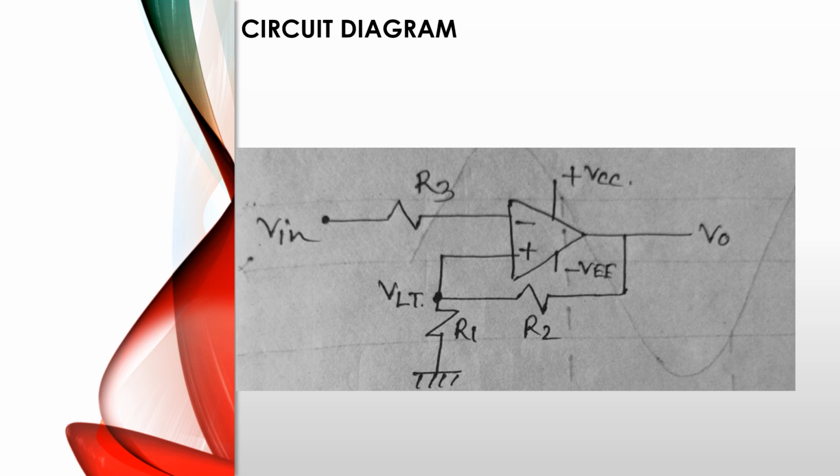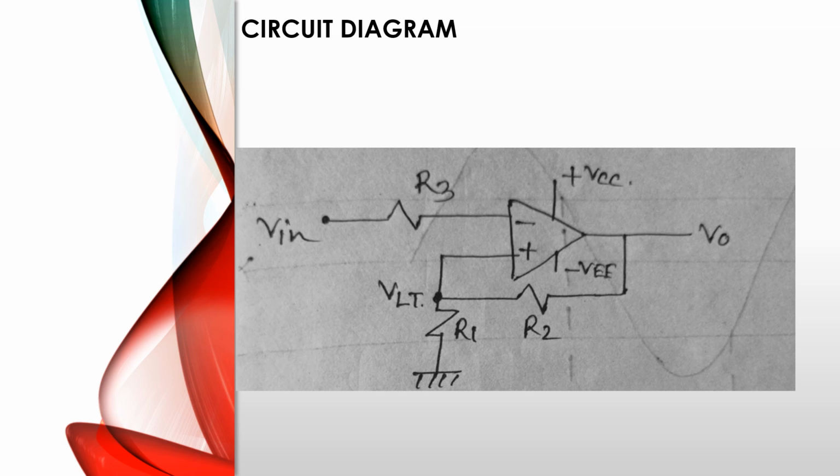This is the proper working principle of this circuit diagram. Once again, since the positive feedback is given to the non-inverting input terminal, the output is saturated either in the positive or negative direction. If output is positively saturated, upper threshold voltage, as long as the input voltage is less than the upper threshold voltage, the output will remain positively saturated.